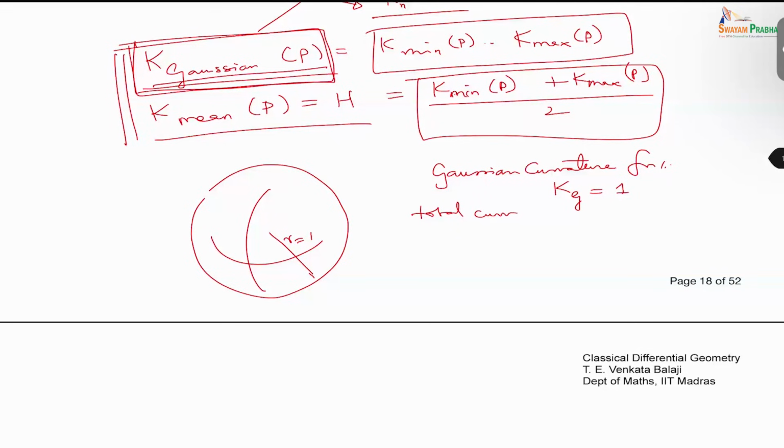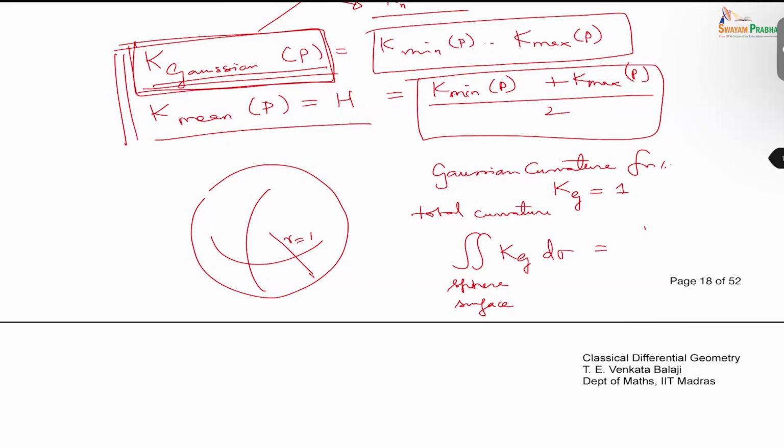Total curvature is the integral over the surface of the sphere of k g, and I have to put dA. When you write the integral, of course I have to write dA, or because it's a curved surface, you can use d sigma, where d sigma is the element of curved surface area.